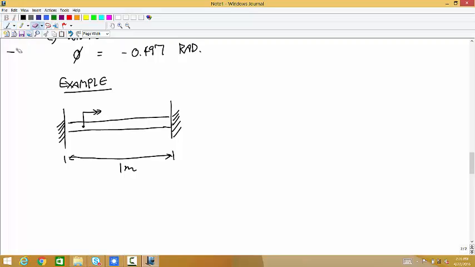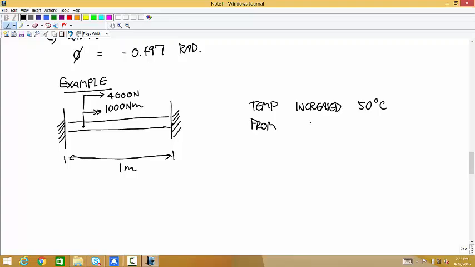So let's have a torque of 1,000 Newton meters. And let's have a tension of 4,000 newtons, or an external horizontal load. And then let's say that the temperature is increased 50 degrees Celsius from the equilibrium temperature.